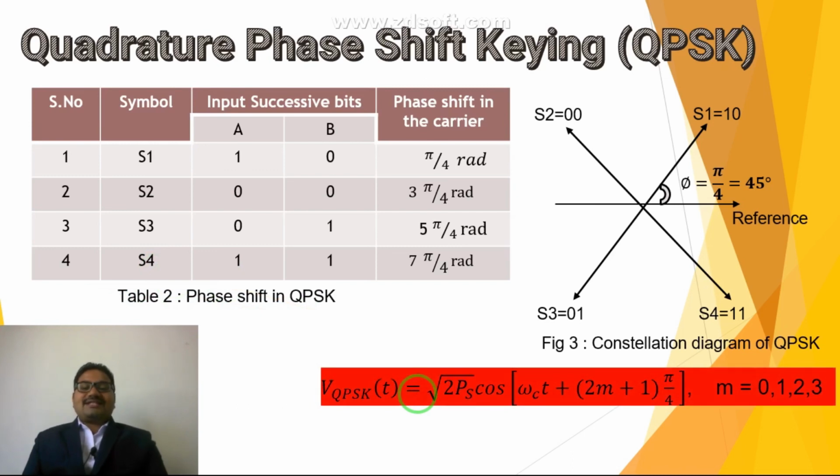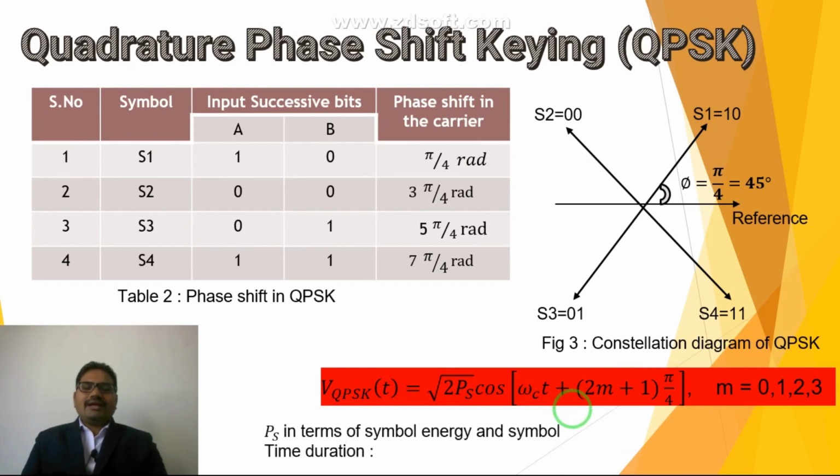So this is one of the most important equations, because in the next slide, we are going to use this equation for representing QPSK. Please note down this equation. It is one of the most important equations. And what is Ps?